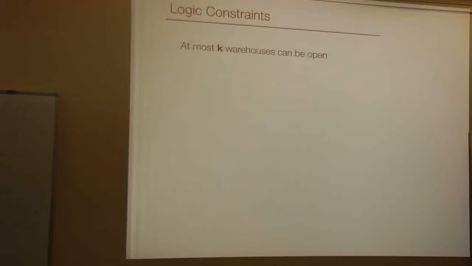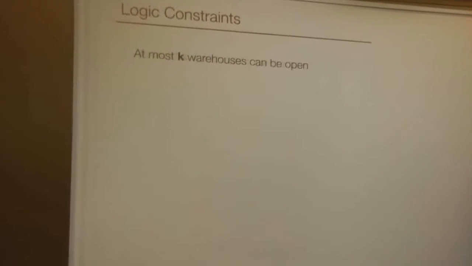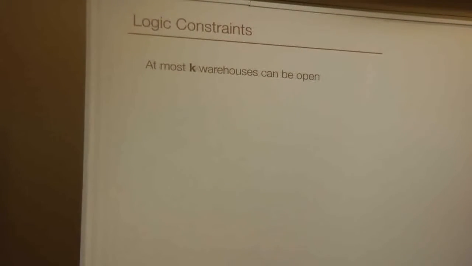What if the manager of the whole company decides that at most k warehouses can be open? We are going to optimize where they should be, but at most k can be open. How can we add this condition into our optimization problem? How many warehouses are open? How do we know that?